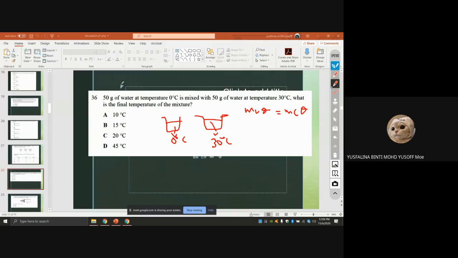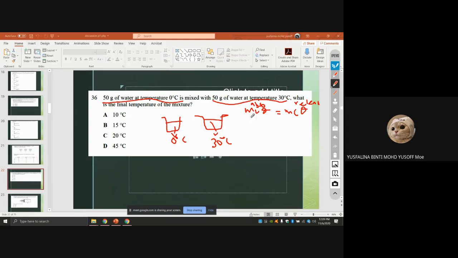The heat energy transfers from the hot object to the cold object, so this one loses energy and this one receives the energy. So this one is absorbed and this one is released.